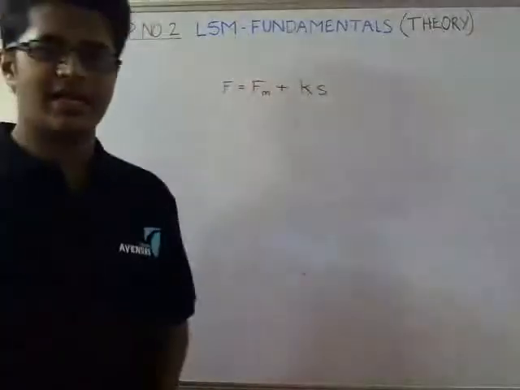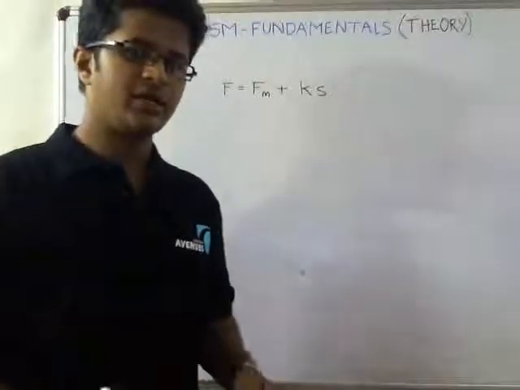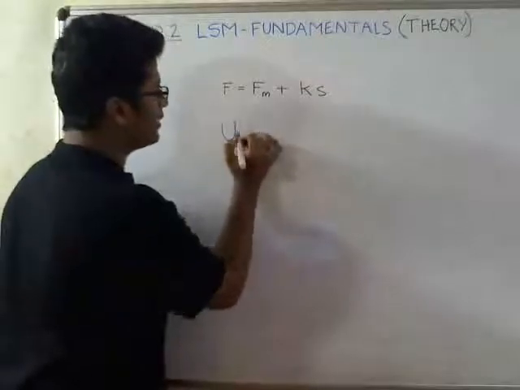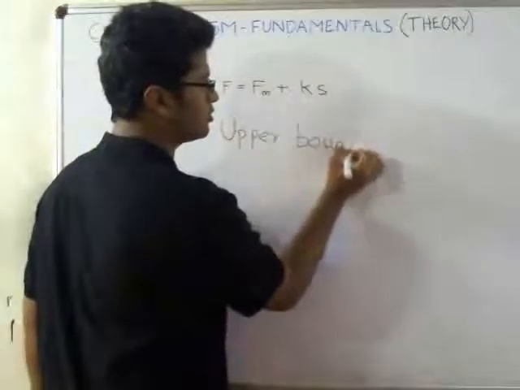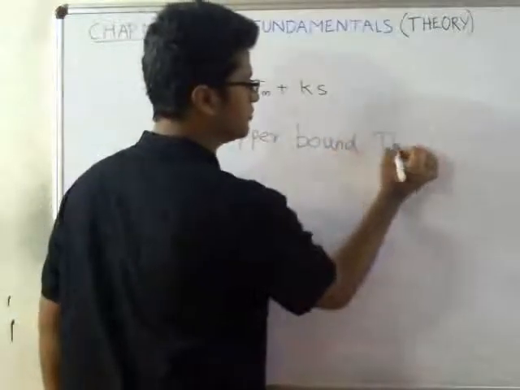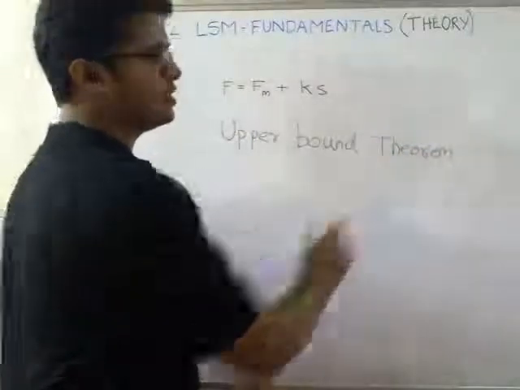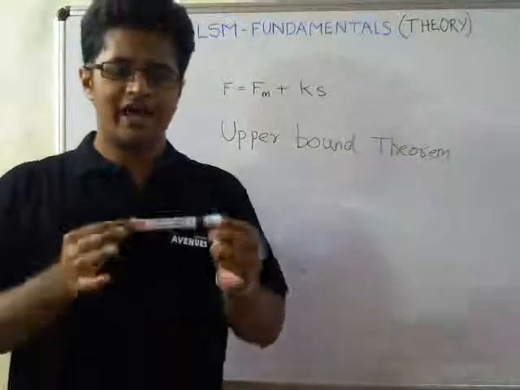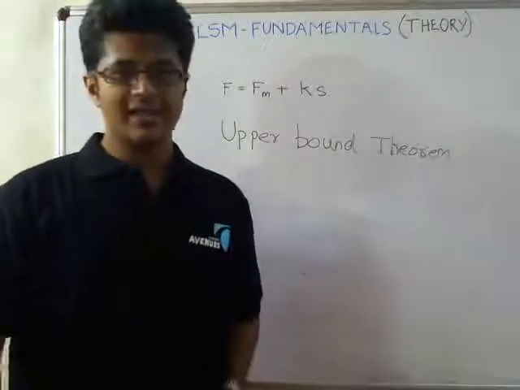Now one should understand that characteristic load, this is a technical term, is defined by upper bound here. The meaning of upper bound theorem is that whatever load you are actually getting in your calculations, you consider something higher than it.